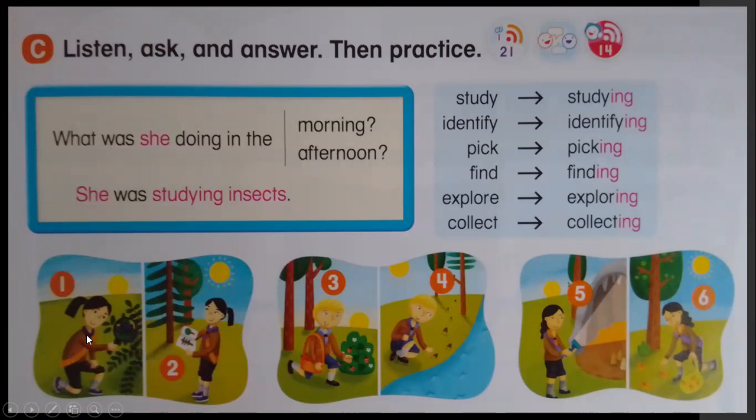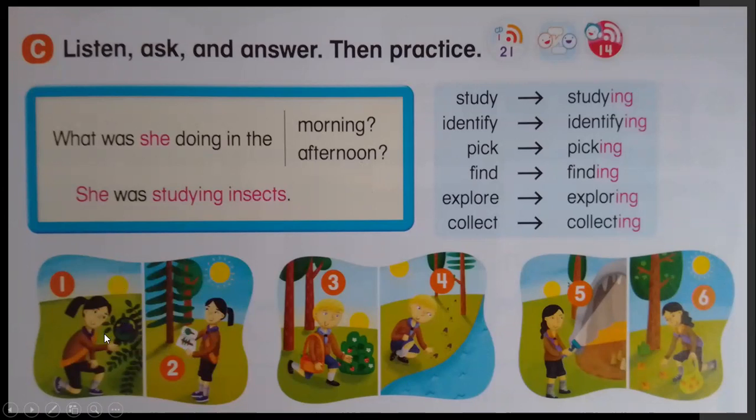But look, it's the same girl. So in this picture, she's doing an activity in the morning. But in the second picture, she's doing another camping activity, and it's not in the morning, it's in the afternoon.